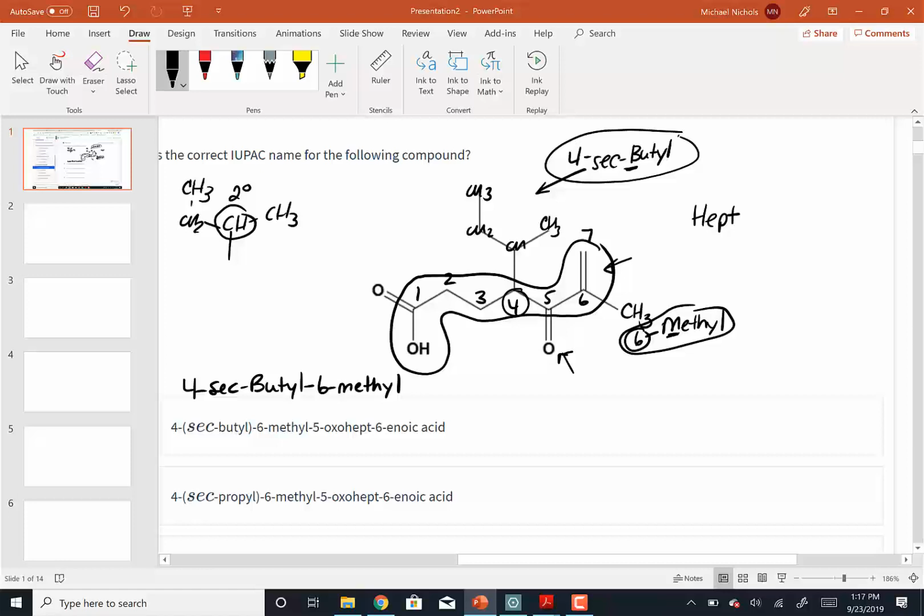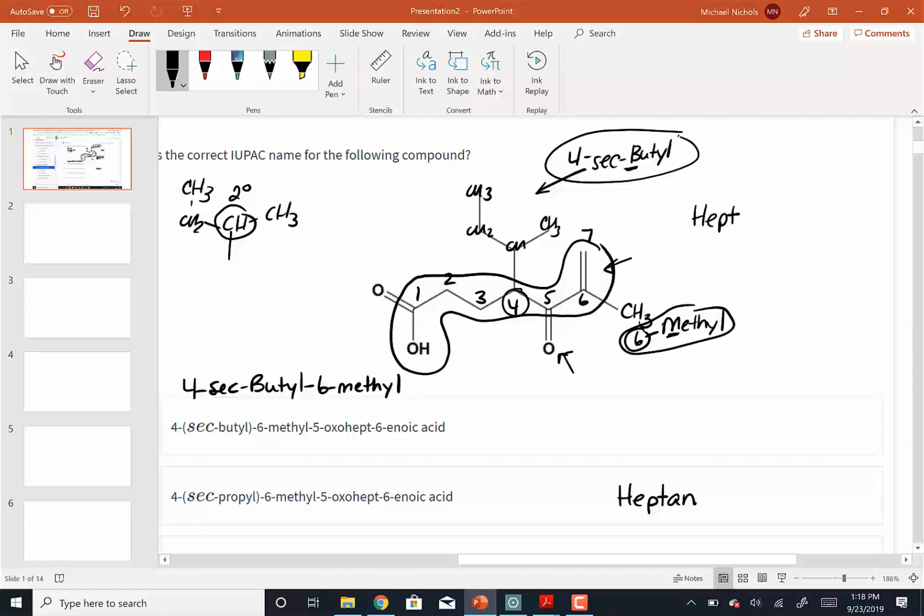Now, in the name, whenever you have something like hept, if there were only single bonds in the longest chain, it would be a heptan. That's the default: when you say heptan, that means you've got a 7-carbon chain with no double bonds in it.